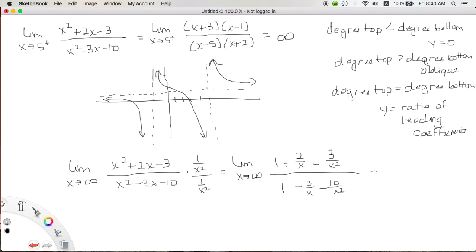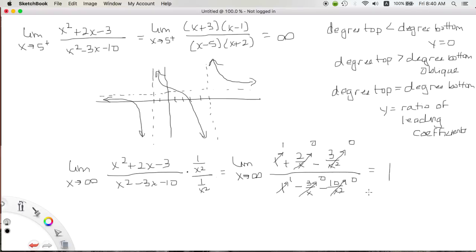If we split all these limits up, we'll have the limit of 1, which is 1, and the limit of 2 over x, which is 0, minus the limit of 3 over x squared, which is 0, over the limit of 1, which is just 1, since it's a constant. The limit of this is 0, and of this is 0 as well, and so we get 1 from that.